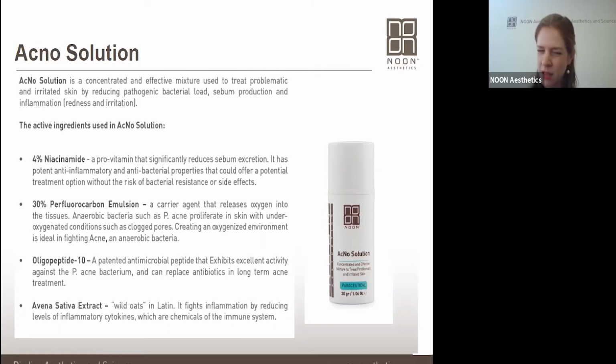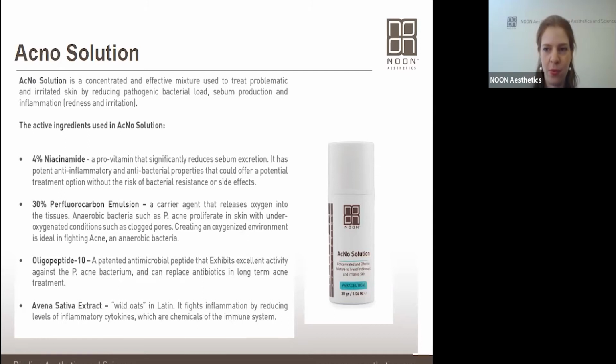And last but not least, we have the Avena sativa extract, which is actually wild oats. This is the name that most people know. It is anti-inflammatory.